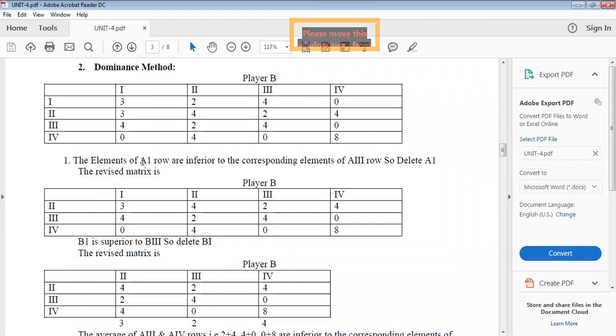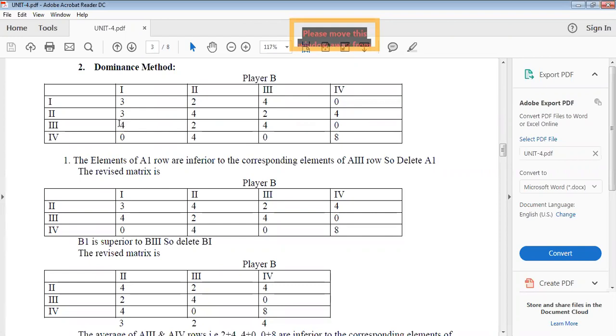The elements of the A1 row, 3240, are inferior to the corresponding elements of A3, which is 4240. 3 is less than 4, 2 is less than or equal to 2, 4 is less than or equal to 4, 0 is less than or equal to 0. Therefore 3240 is inferior to 4240.